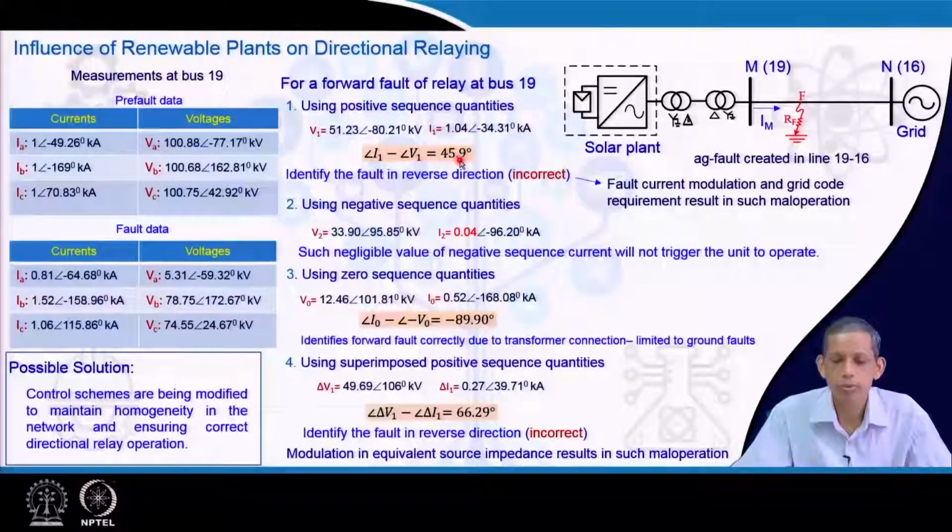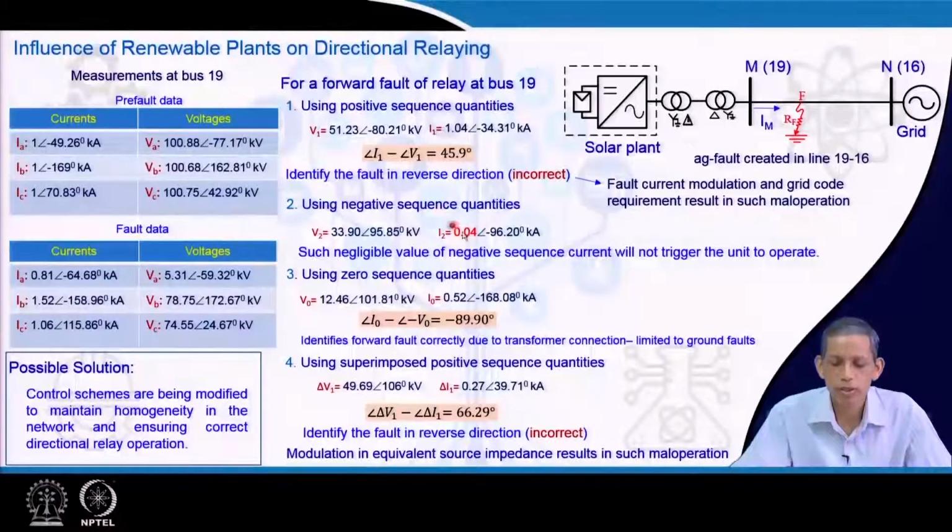This angle is coming to be positive, which means that this is a reverse fault, whereas the actual fault is a forward fault. So, this is incorrect, due to the control actions, so the modulating current is creating a problem.